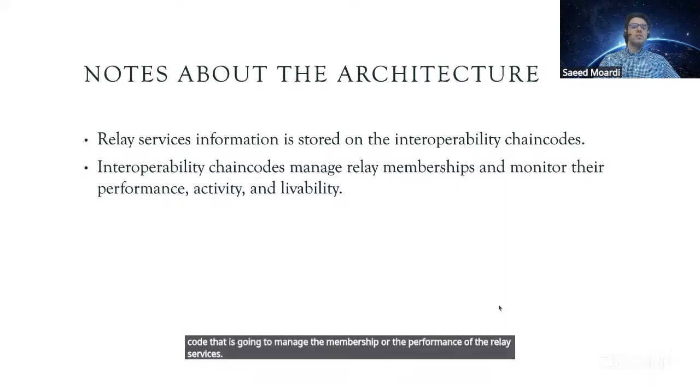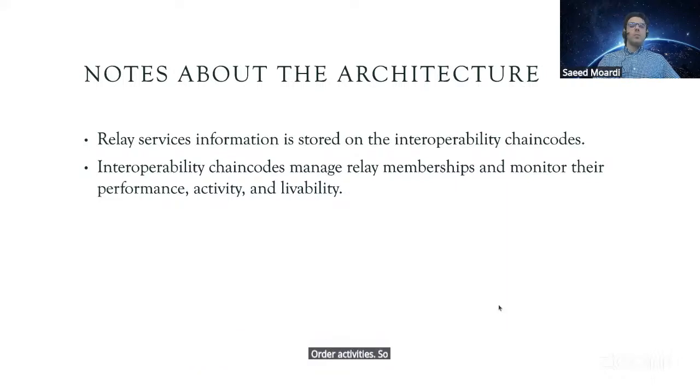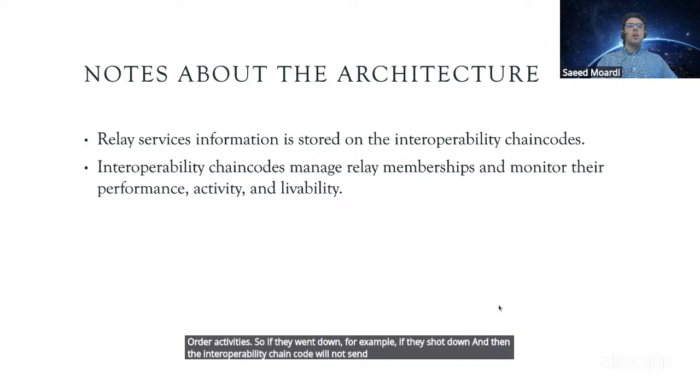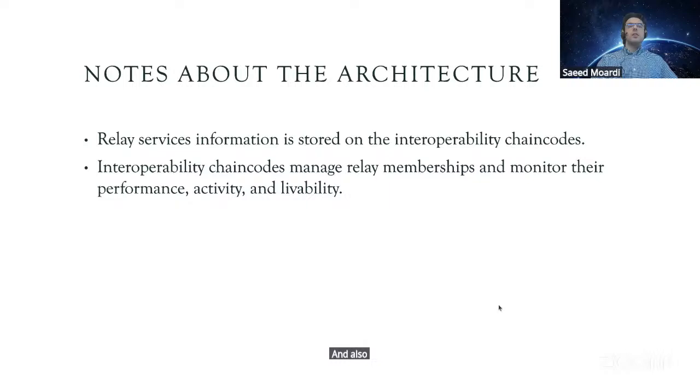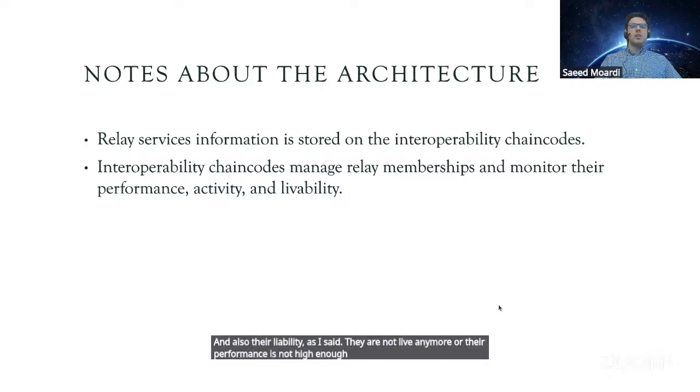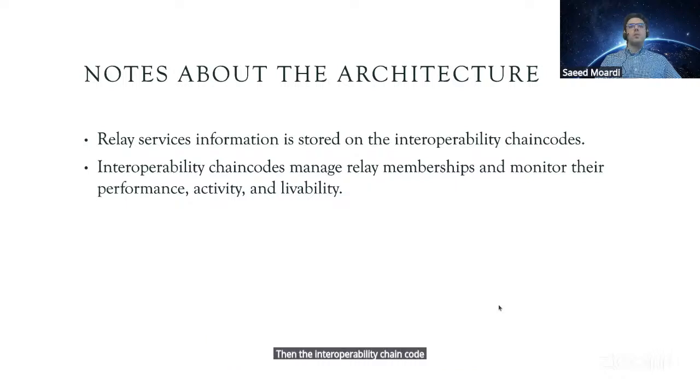So if they went down, for example, if they shut down, then the interoperability chain code will not send any request to that unavailable relay service. And also their liveness, as I said, if they are not live anymore or their performance is not satisfactory, then the interoperability chain code will not send any request to that relay service anymore.